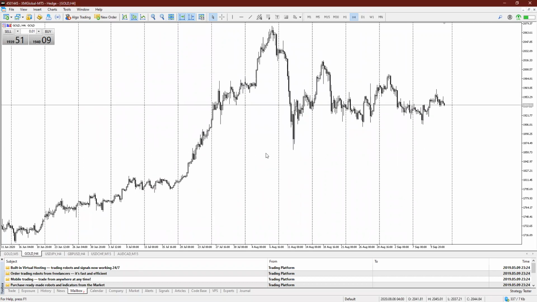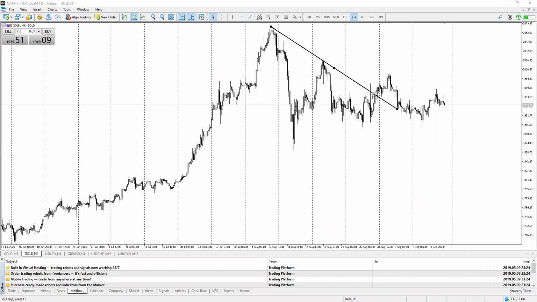Now in 4 hour, you start plotting the first rejection point to the second to project price's direction. So from here to here, we were anticipating price to be more bearish, but price did what? Broke out from it. Okay, price broke out from this area, went up, but couldn't take out what? This high.